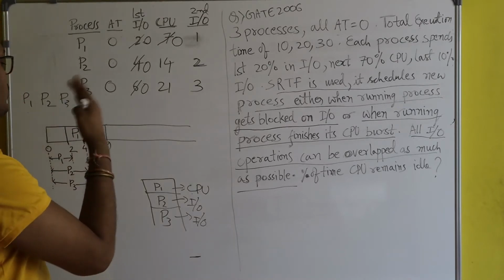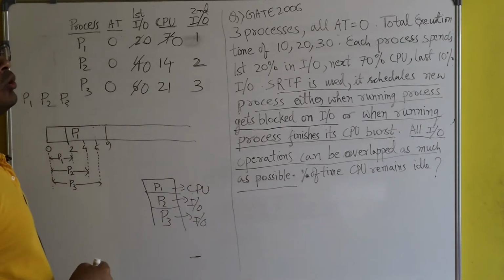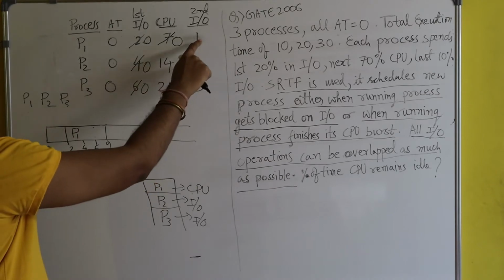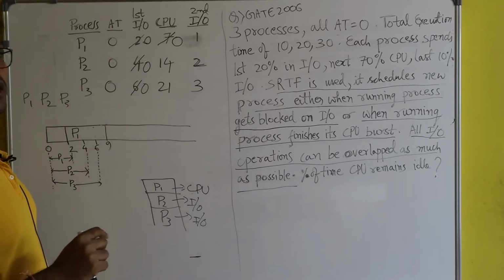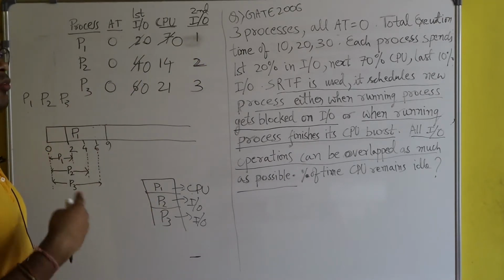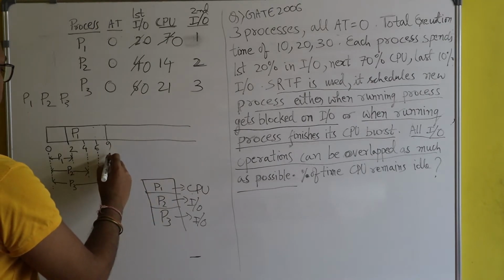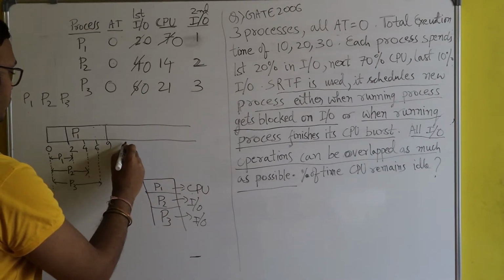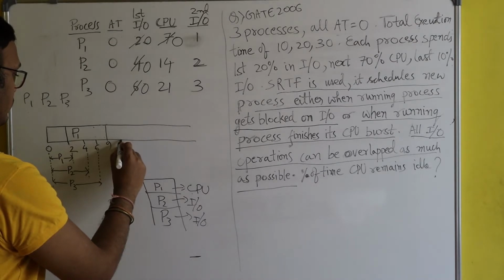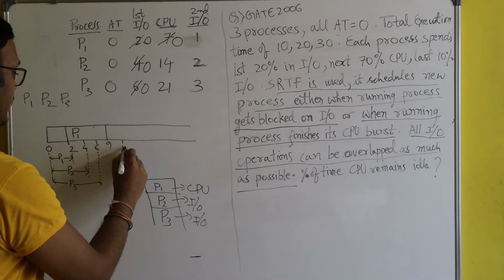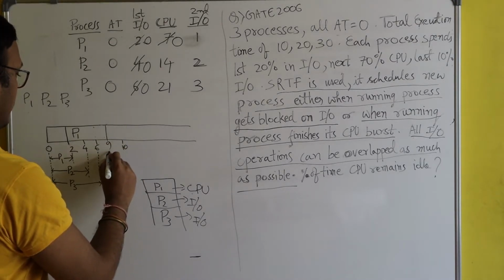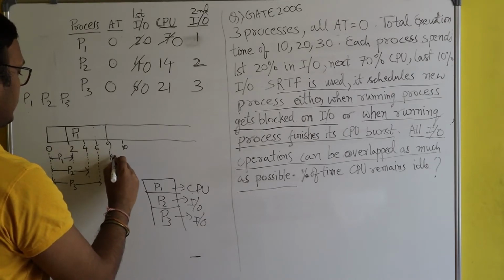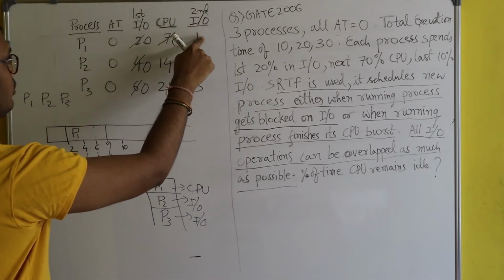Okay. So it means what? Process P1 will go to the block state for 1 second. It means process P1 will be busy with IO for 1 second. So from 9 second to 10 second, process P1 will again be busy with its second IO.